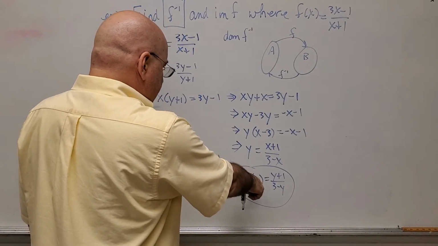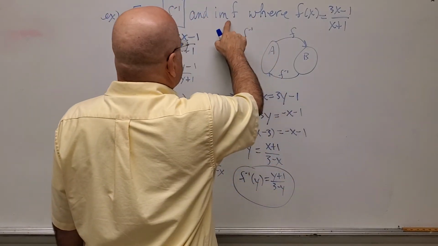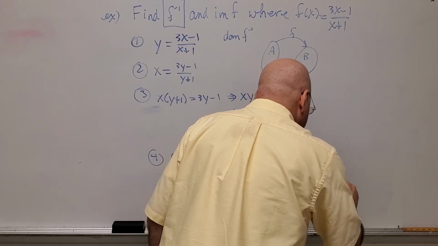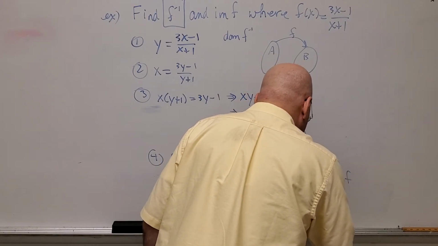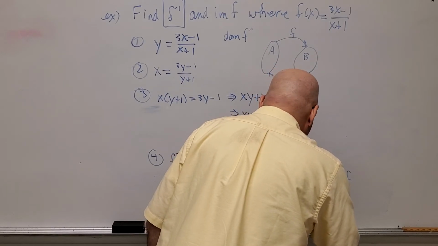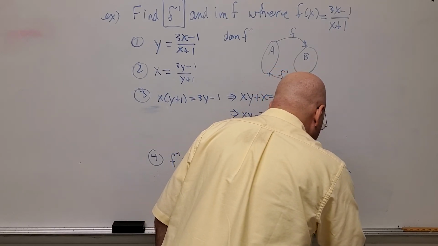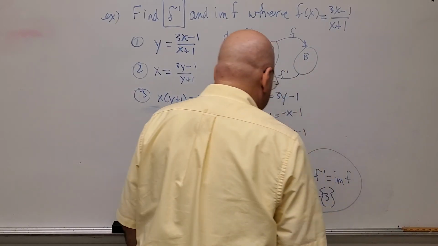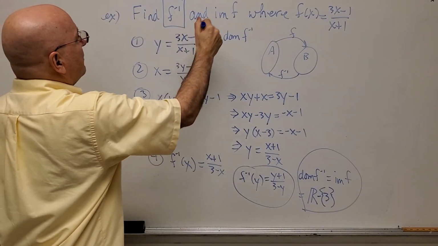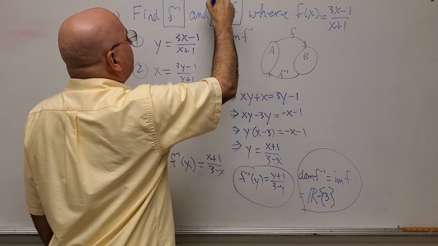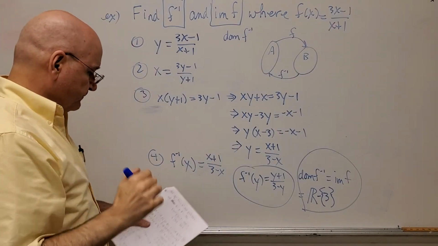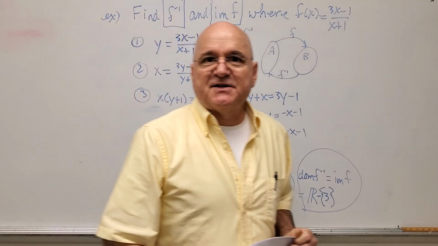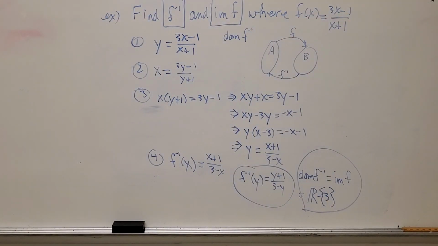So the domain of f inverse, which equals the image of f, is all real numbers except for the number 3. So the two things I've circled are what we were looking for. And that's it for the second section.